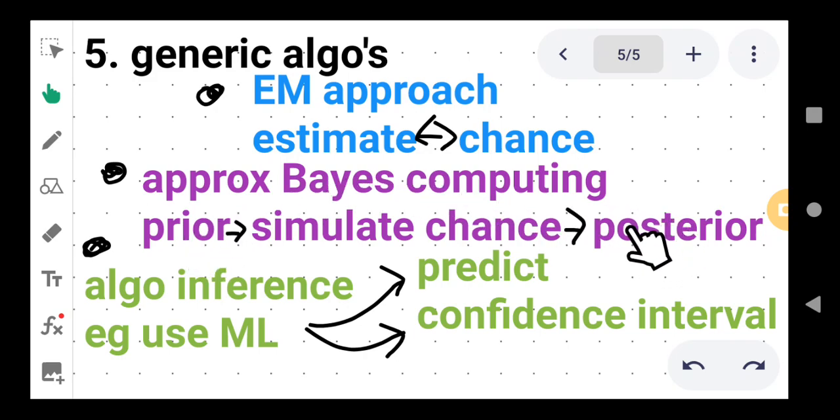So basically, ABC computing is a 3-step procedure. First of all, you have a prior belief about the age distribution of the U.S. population. Then you do a lot of simulations to see which simulation method can give you the highest chance of observing the data points in your sample.